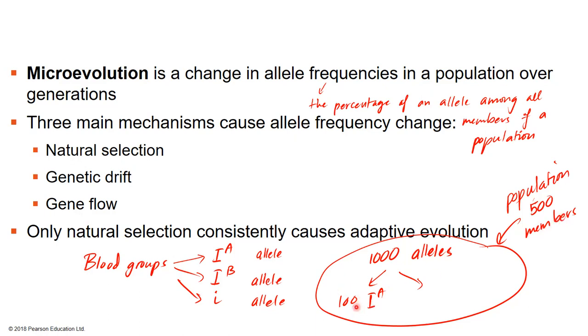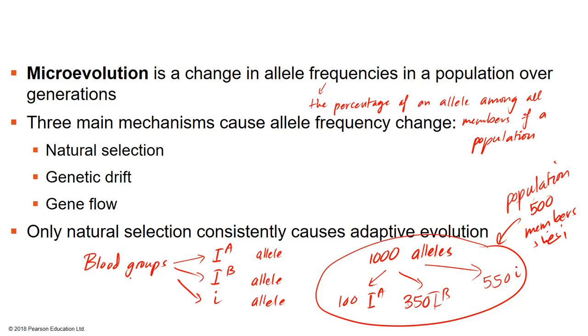We just are looking at all alleles within the members of this population. Maybe we have 350 IB and the rest are for the allele small letter i.